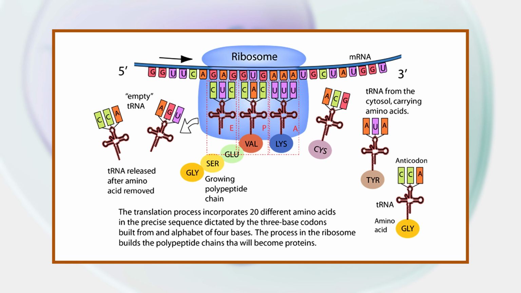Addition of an amino acid occurs at the C terminus of the peptide, and thus translation is said to be amine to carboxyl directed, that is, from amine group to carboxyl group. The mRNA carries genetic information encoded as a ribonucleotide sequence from the chromosome to the ribosome.